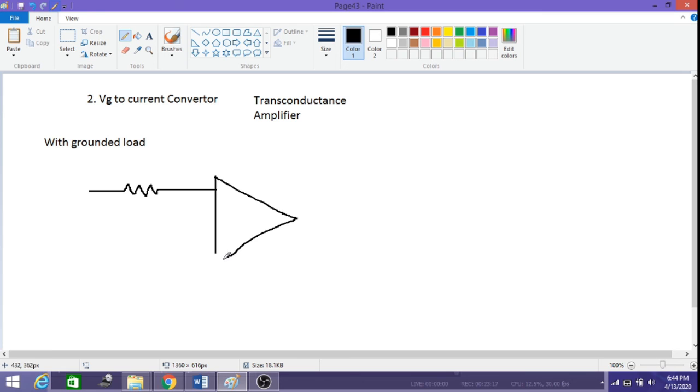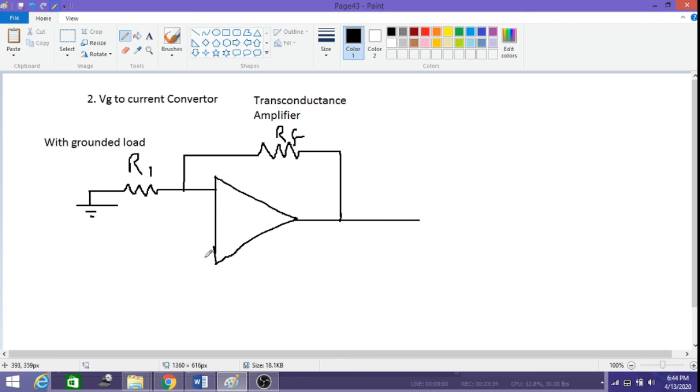This is the R1 resistor here, and there is a feedback resistor RF, and this is connected to ground, and we have one more resistor here, we call it R2, and there is one more resistor here, connected to ground.